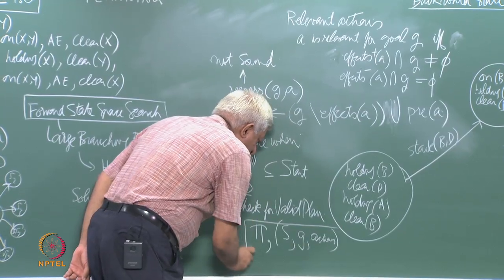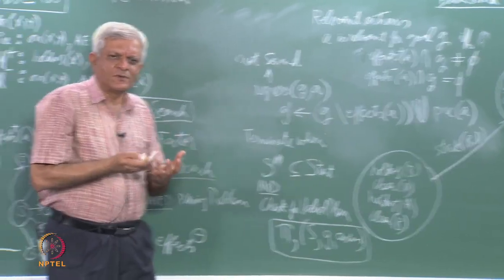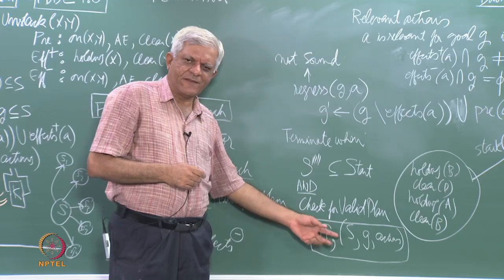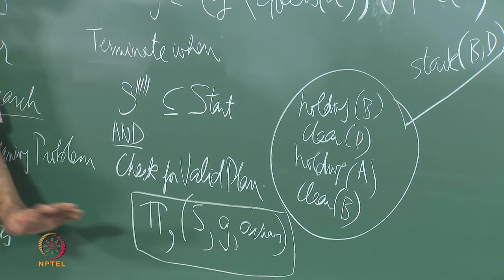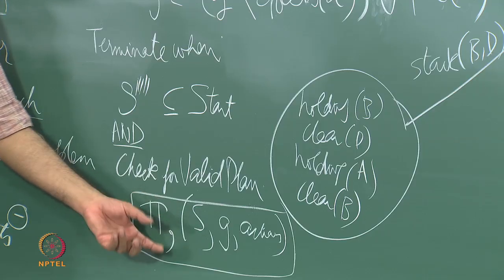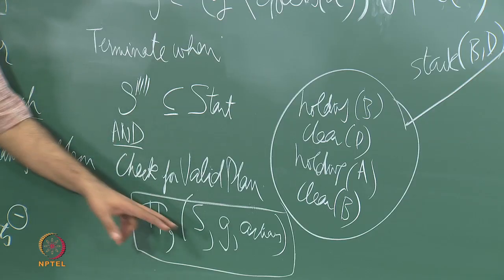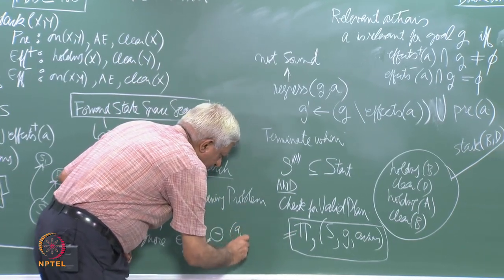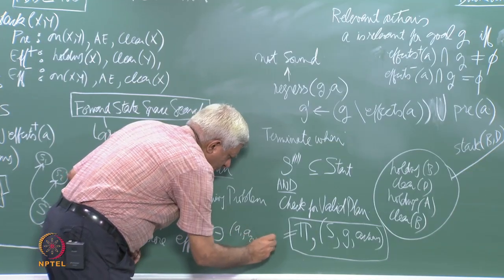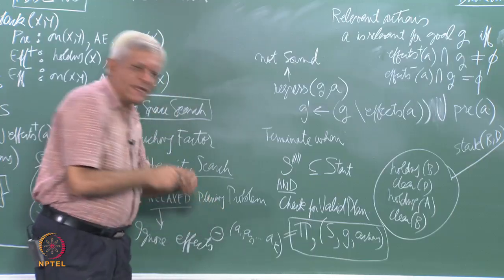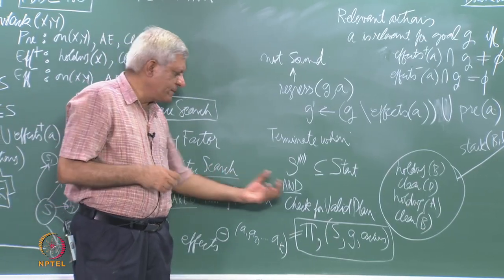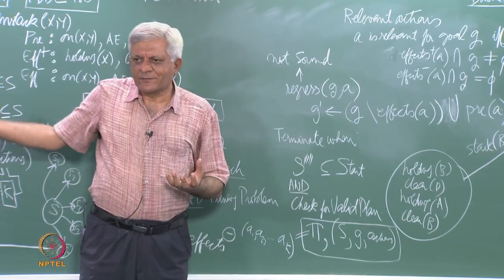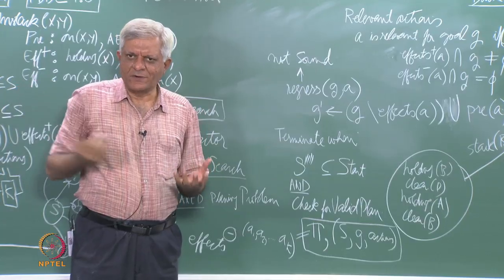So, with this input you can write a small routine which will begin with the start state, and I will not write the details here since we are running out of time. We will begin with the start state and keep progressing with the actions. This pi is A1, A2, AK. So, the plan is made up of k actions. You begin with the start state, apply the first action, and we have seen that this progress is a sound mechanism.